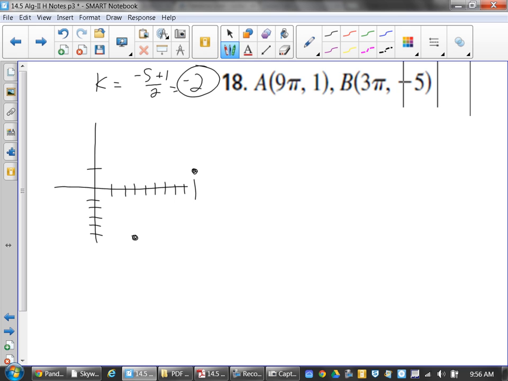So if I have a minimum prior to its maximum, the A value had to be negative. We've already figured out it had to be through here, which means it had to start there to get to the minimum, get to the maximum, to come back around. So is this a sine or a cosine?